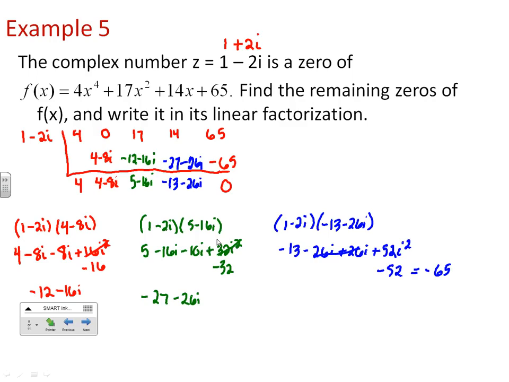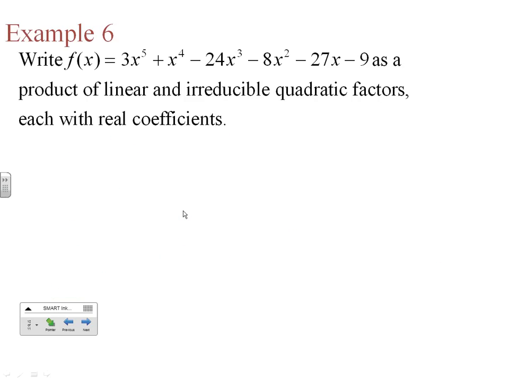So I'm going to take what I got here, this 4 minus 8i, and the 5 minus 16i, and the negative 13 minus 26i. I'm going to do synthetic division with that, and my next 0, which is 1 plus 2i. So I'm going to switch to a new slide that's blank, and then write this out.